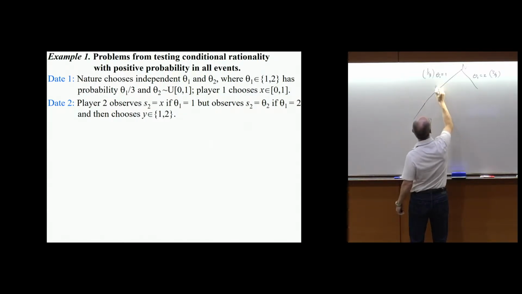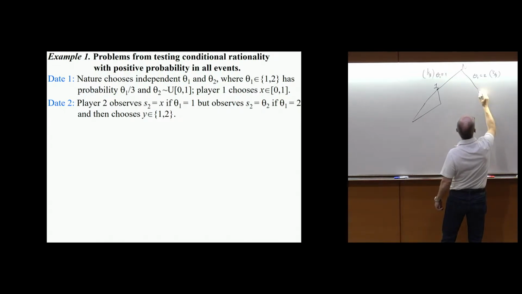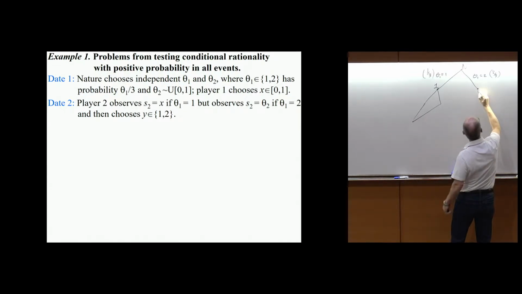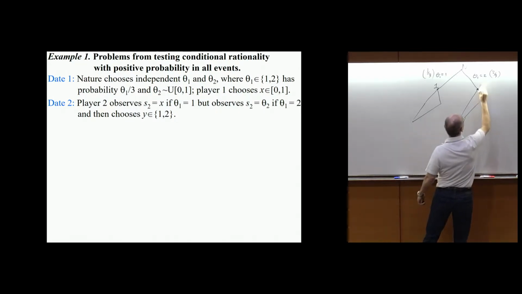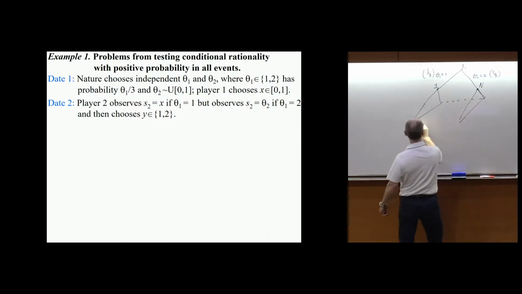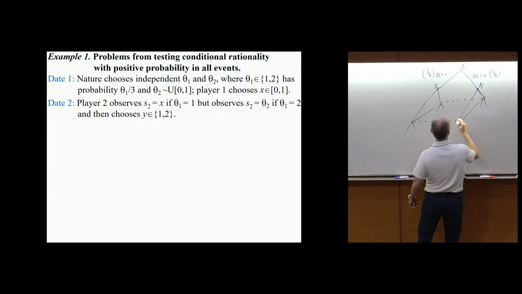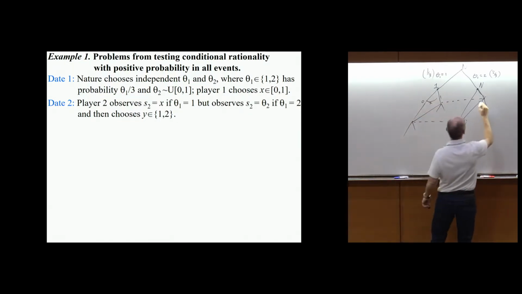Let me just write it this way. So then, if theta 1 is 1, player 1 is going to choose a number between 0 and 1. If theta 1 is 2, then what matters is nature's choice of real number. It matters only if theta 1 equals 2. So then nature chooses here a number. This will eventually look okay, I hope. So here's player 2's choice. Okay, so this number here is x between 0 and 1, and this number is theta 2.